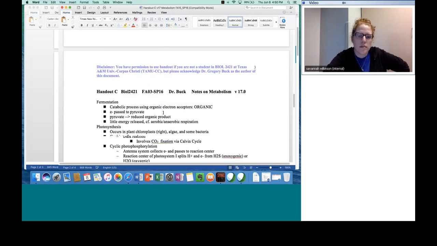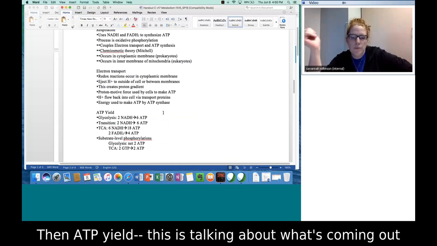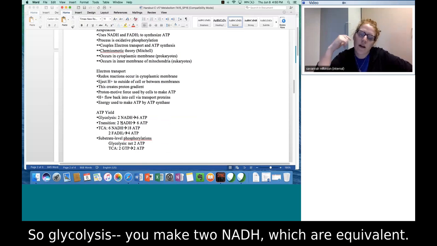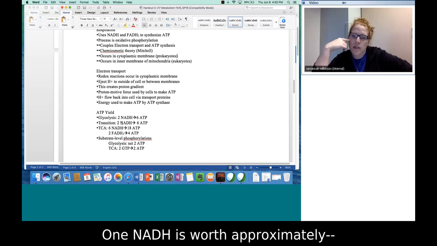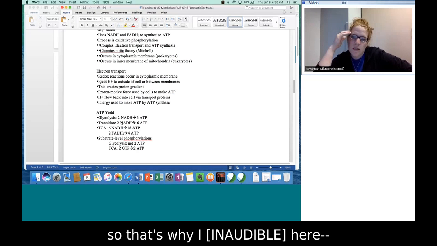Okay, hold on. Then ATP yield. This is talking about what's coming out of the individual pathways. So glycolysis, you make 2 NADH. 1 NADH is worth approximately, if you round up, 3 ATP. So that's why you have 6 ATP made here.